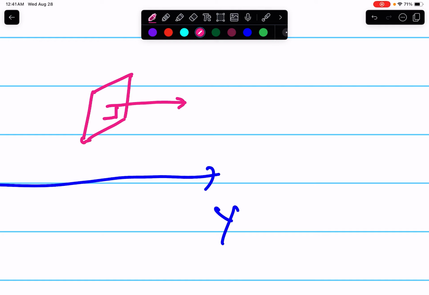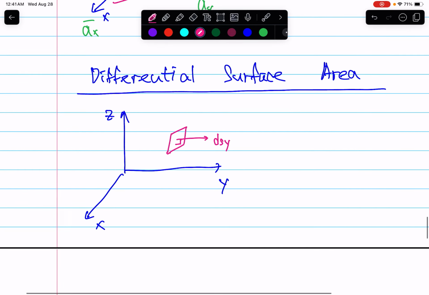So if this is a surface, that's the normal vector, and we can call this dsy because it's a tiny piece of surface in the y direction, and the amount would be basically dx times dz.